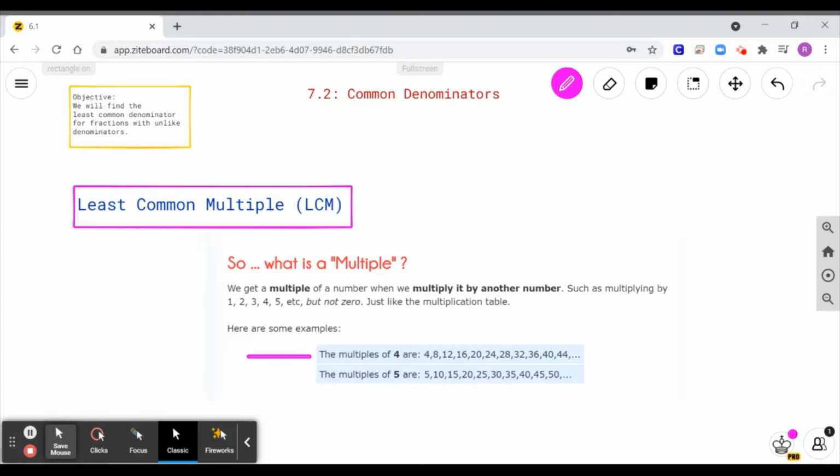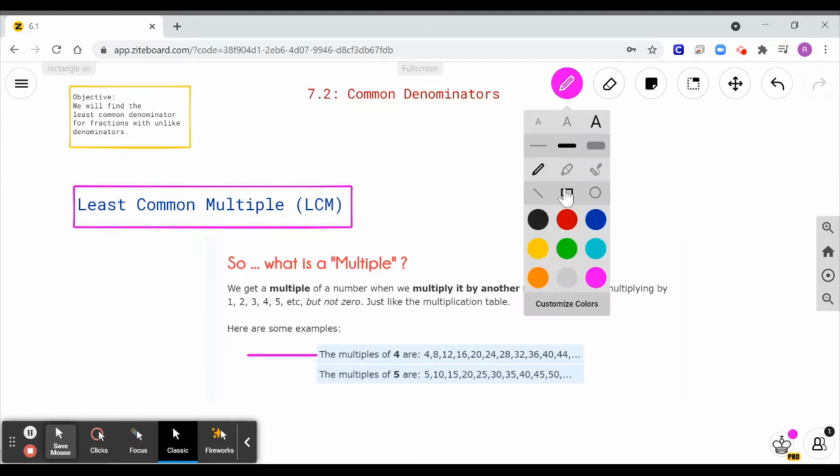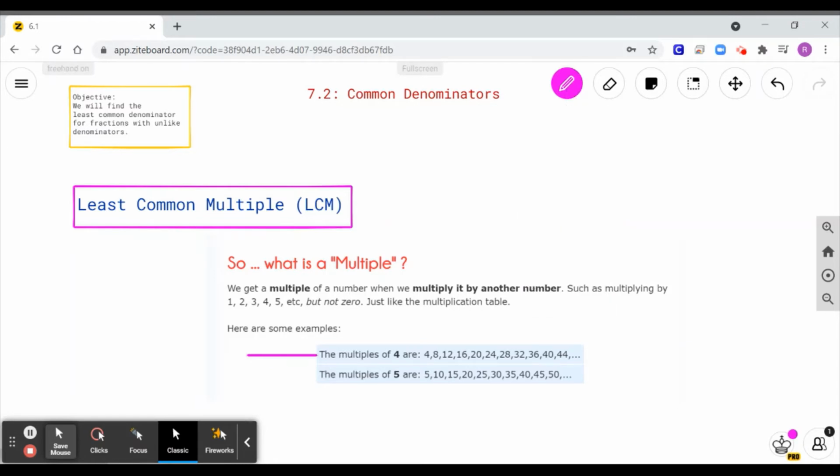If you look here, where it has the 4, these multiples are multiplied by 1, 2, 3, and so on. So the multiples are 4, 8, 12, 16, 20, 24, 28, 32, 36, 40, 44, and on and on and on, okay? The multiples of 4 go up by 4 every time. It's like counting by 4s.